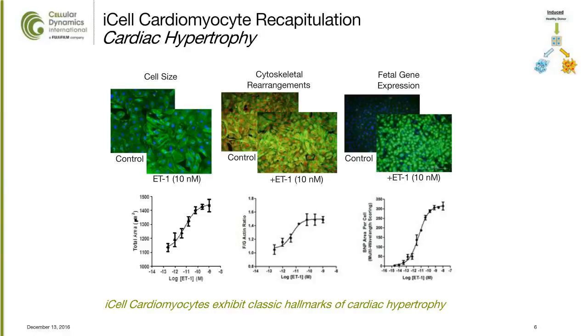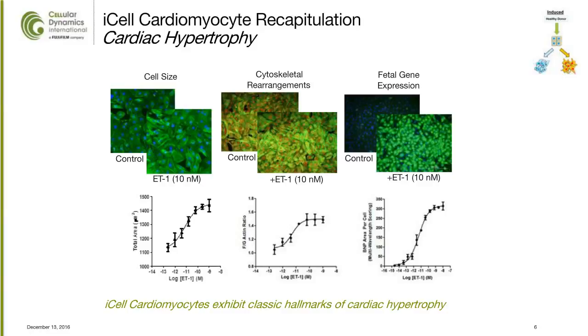You can see that as you increase the concentration of endothelin-1, there's a concentration-dependent increase in the total cell area, showing that these cells are getting larger. We also looked at the F to G actin ratio to look at cytoskeletal rearrangement. Here we're showing the cells stained, and this is quantified below. As you increase the concentration of endothelin-1, there's a concentration-dependent increase in the F to G actin ratio.